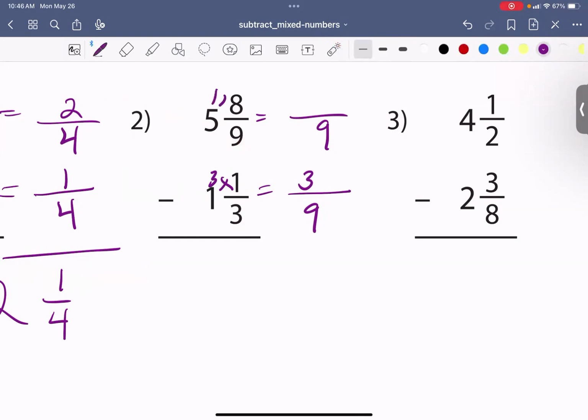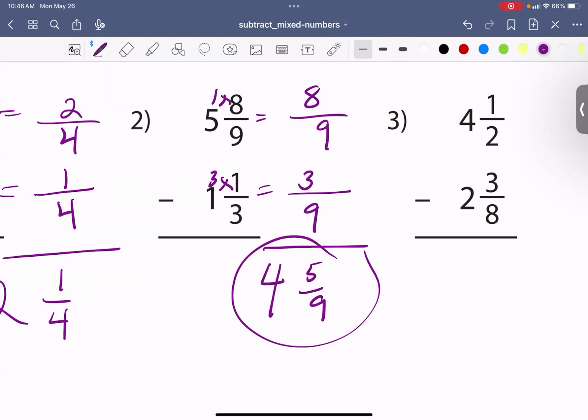And 1 times 8 is 8. So now we have 8/9 minus 3/9, which gives us 5/9. And 5 minus 1 is 4. So our answer is 4 and 5/9.